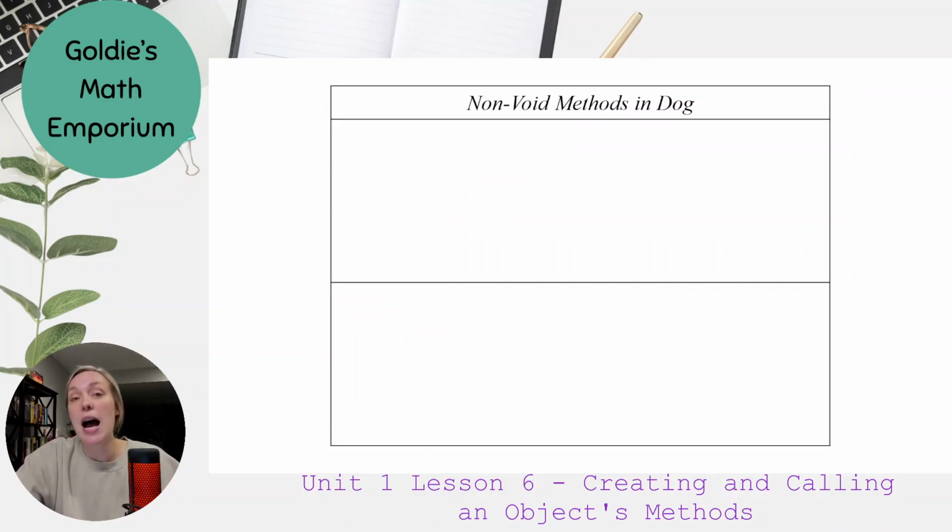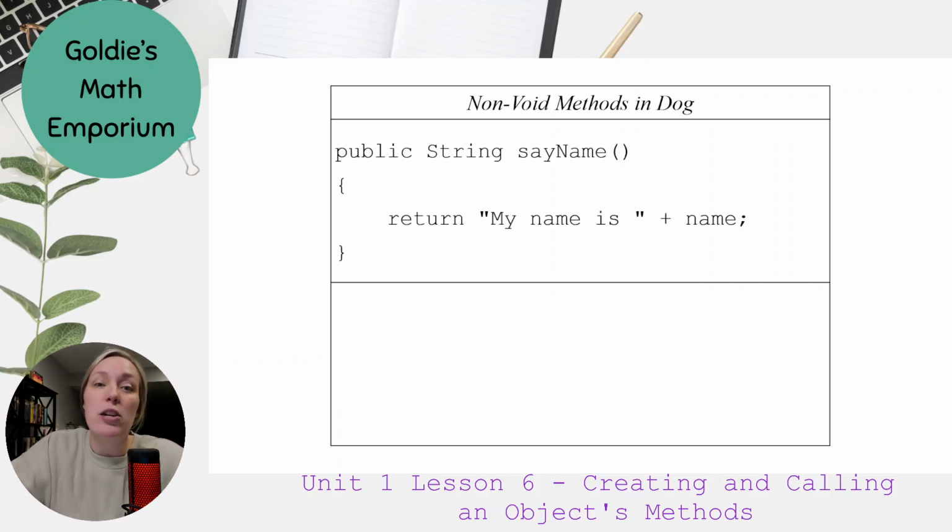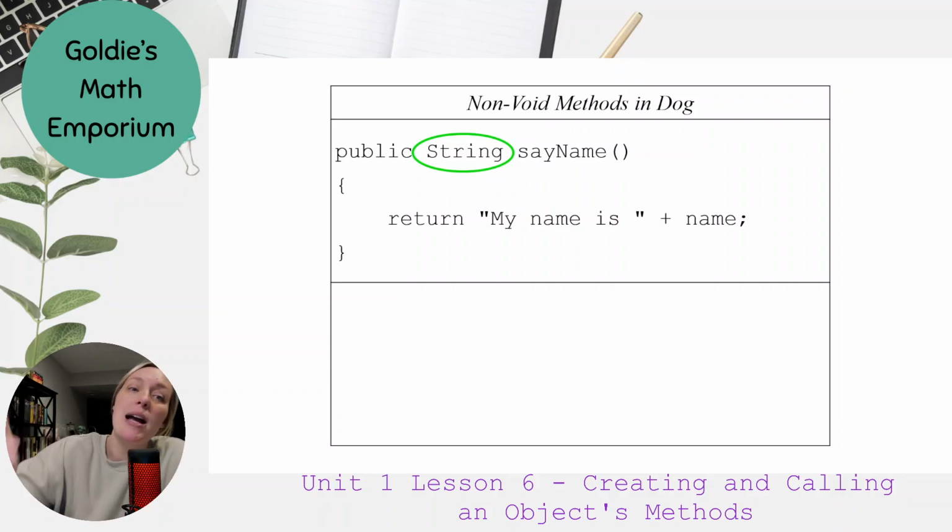Now let's talk about non-void methods. Non-void methods are going to return a value of some kind. Here's our first example, public String sayName. Again, see the String, instead of the word void, I have the word String, and that's because my method is going to return a string. There's still no parameters in this method, but inside of this method block, I have the keyword return. This is a keyword that needs to be used in non-void methods.